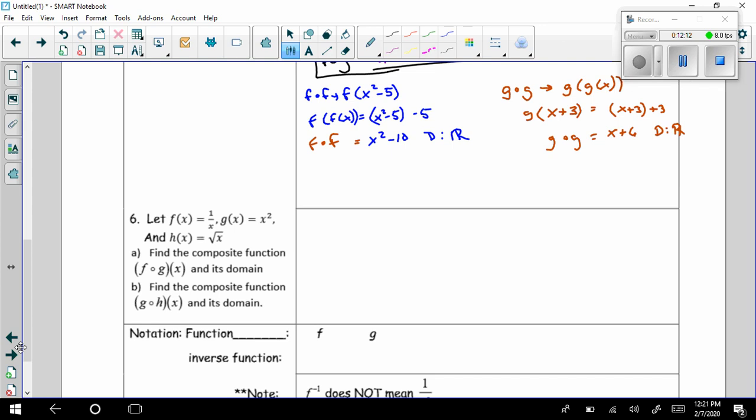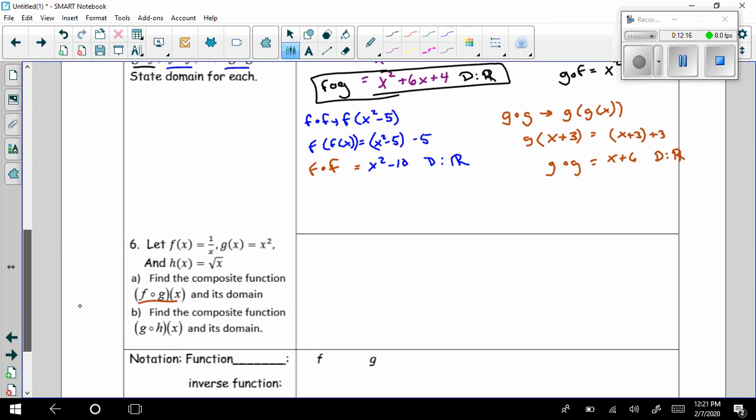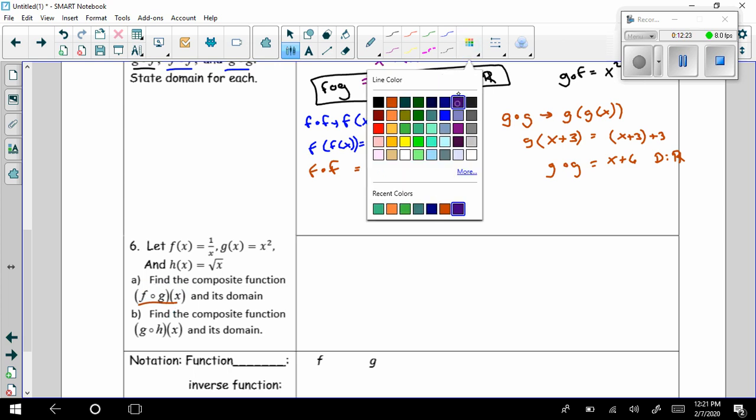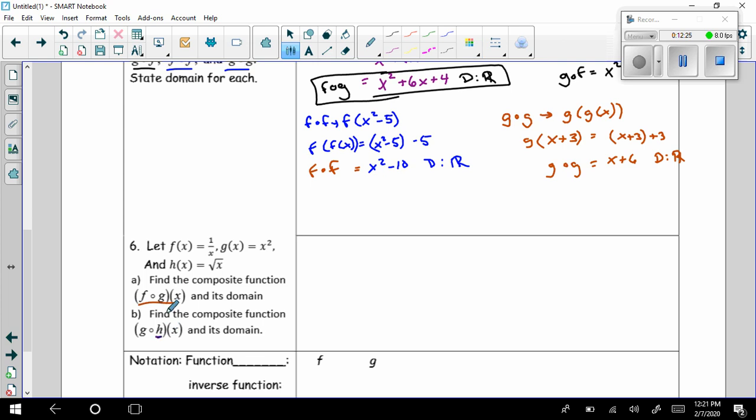All right, so once again, it doesn't matter how it's written in terms of if it specifies f of g of x or not. If it just has f of g, you're going to apply that. But you do need to pay attention to function names and the order in which you're plugging in. So in this first one, taking f of g, we're taking the x squared and plugging it into our f function.